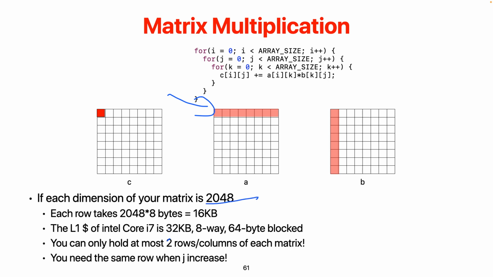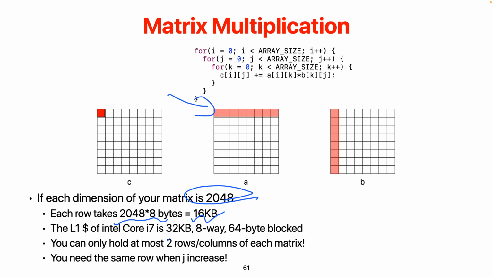So if you have a row that is 2K elements, and if this is a double, how big is the row? 2K times, how big is a double number? 8 bytes, right? So each row would actually be 2K times 8 bytes, 16 kilobytes, right?